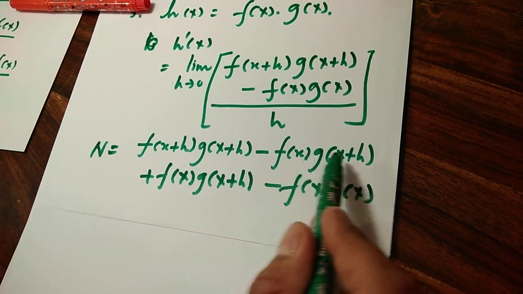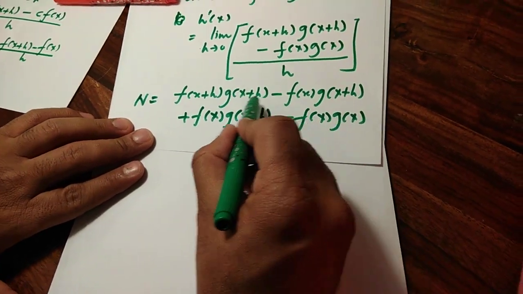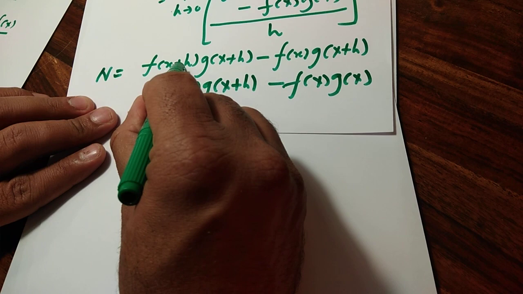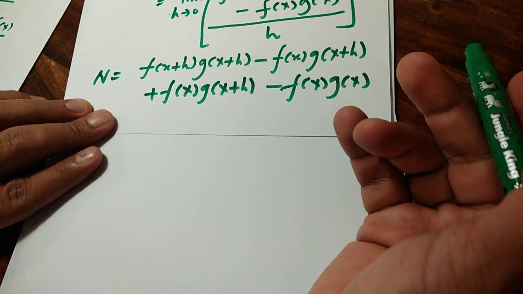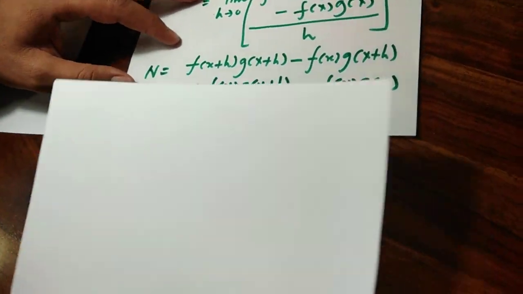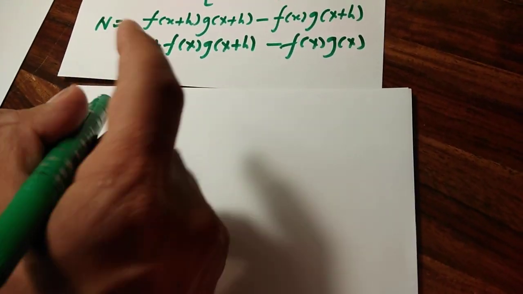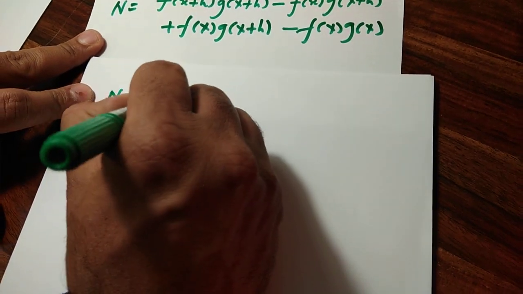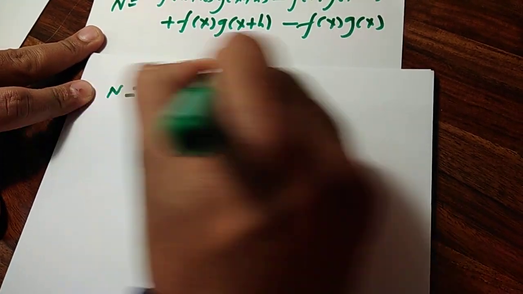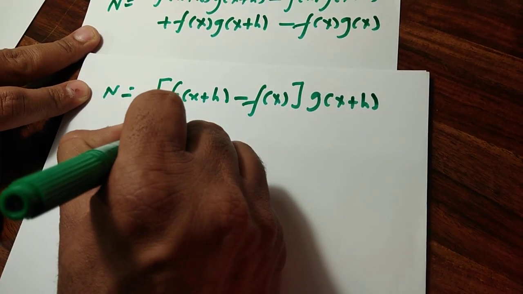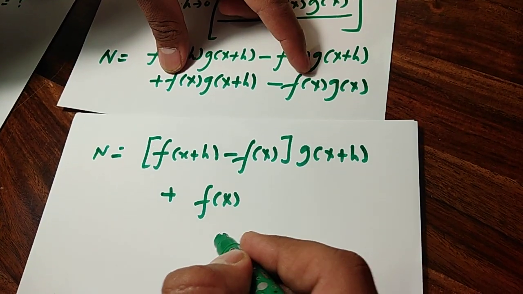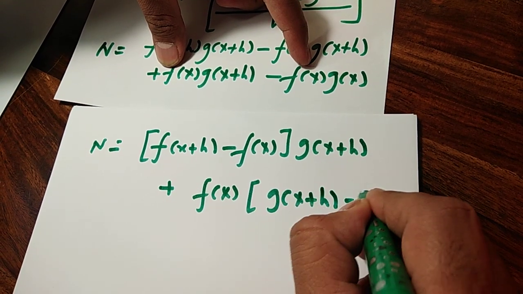Do you see why I have done this arrangement? I have put this factor the same here so that I can take it common, and then f of x plus h minus f of x divided by h will make the derivative of f. That's the logic I am following. So the numerator becomes f of x plus h minus f of x, times g of x plus h, plus f of x, which I can take common from this, times g of x plus h minus g of x.